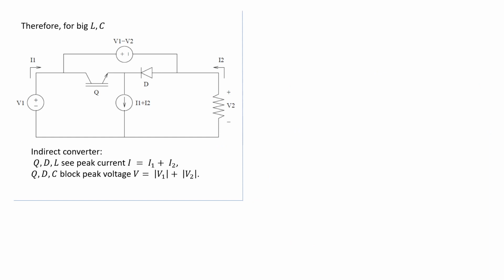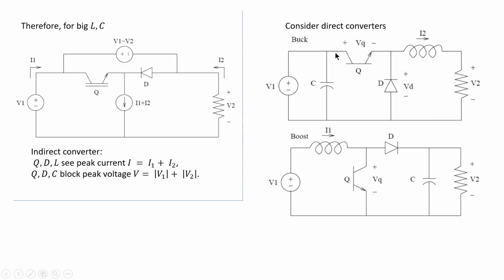So to design an indirect converter compared to a direct converter, you need to choose a large inductor and a large capacitor. If you compare to a direct converter, actually the component stress, for example on the capacitor, the voltage on the capacitor is just the maximum between V1 and V2. For a buck converter, V1 is bigger than V2, so the component stress is just the same as V1.